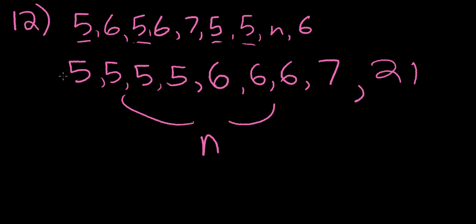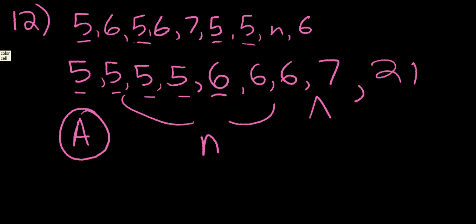So the mode is still going to be 5, and when you count, there's a total of 9 numbers. 1, 2, 3, 4, 5. 6 is still going to be the median, but if 6 was over here, 6 would still be the median, but it would also be a mode, so that wasn't going to work out. So the only value of n that doesn't work is 6. That's choice A. So, next problem.